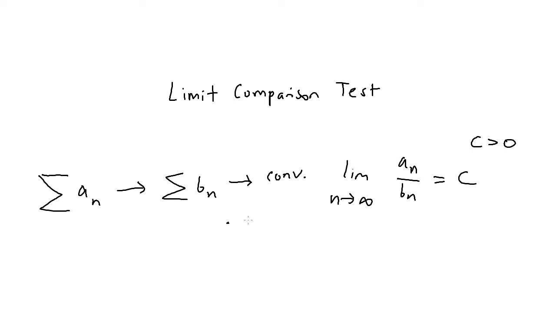Now let's say the series of b sub n diverges, and you take the limit of a sub n over b sub n and you get c, where c is greater than 0, then both series will also diverge as well.